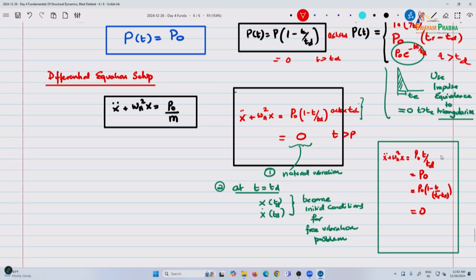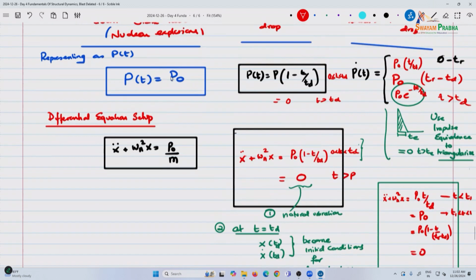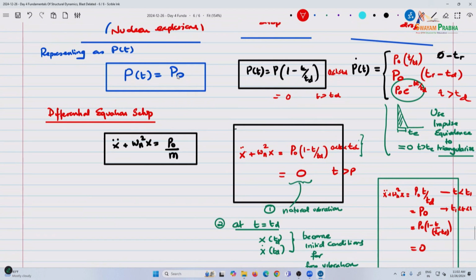So this is for t less than T1, T1 less than t less than, we haven't put those, but you know what we are talking about. T1 to TD, then TD to TE, and greater than TE, right? So you have to set up 4 different differential equations and then solve them.